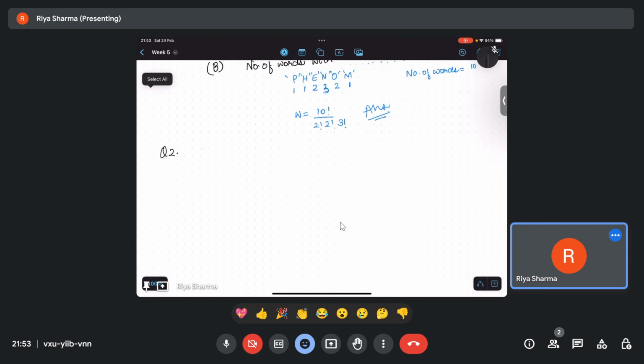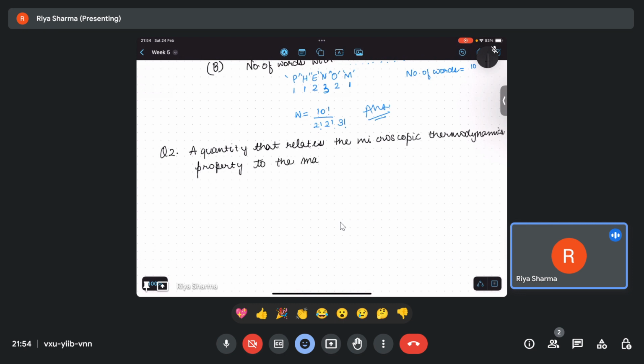The question is: a quantity that relates the microscopic thermodynamic property to the macroscopic thermodynamic property.